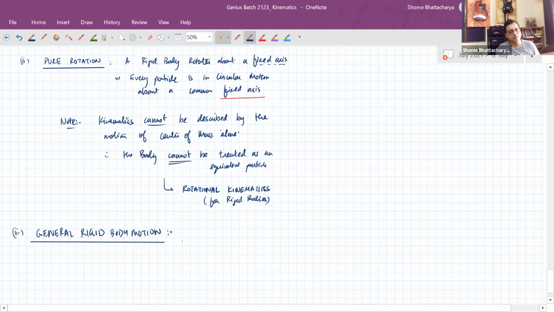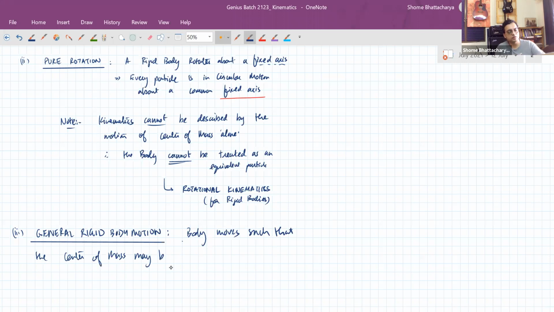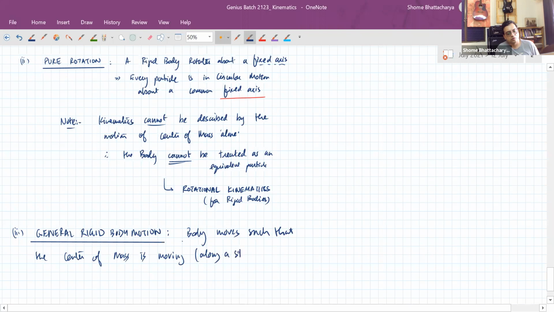So in this, what is happening is that the body moves such that the center of mass is moving along a straight line or curvilinear path. Either way, it doesn't matter.